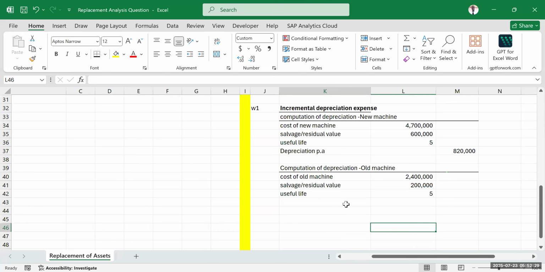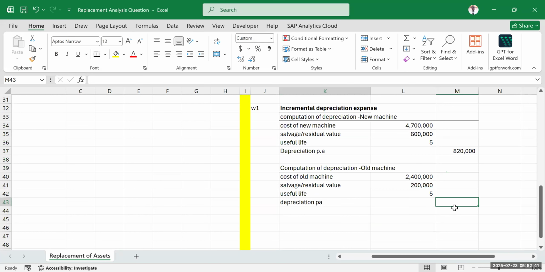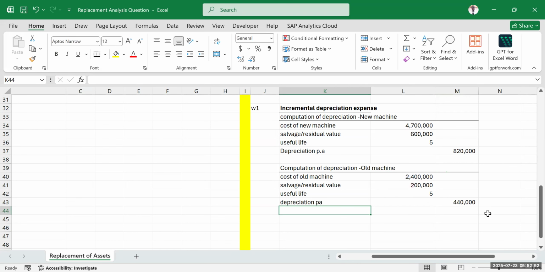So the same method, the same procedure, let's get the depreciation using the straight line: cost minus salvage value divided by useful life, the same way. So depreciation per annum there, we do the same. I open a bracket, cost minus residual value, close bracket, divide by the useful life. I have depreciation per annum on the old machine as 440.